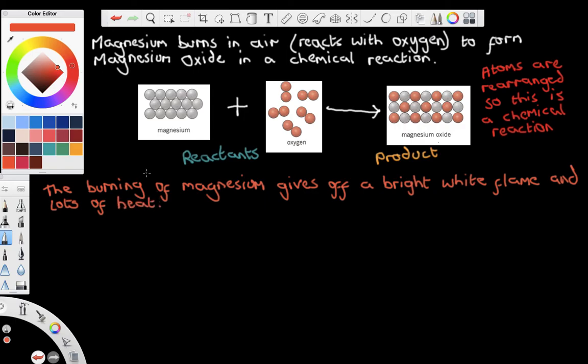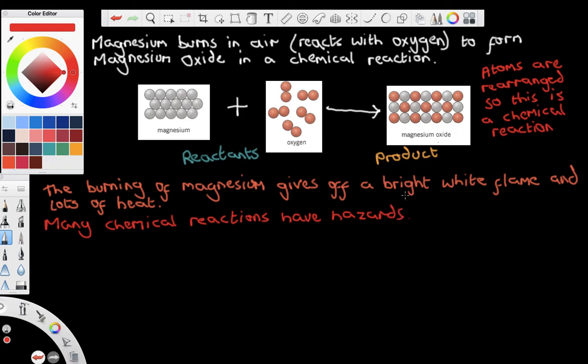Okay? Now, lots of chemical reactions have hazards. So we can say that many chemical reactions have hazards. Okay?